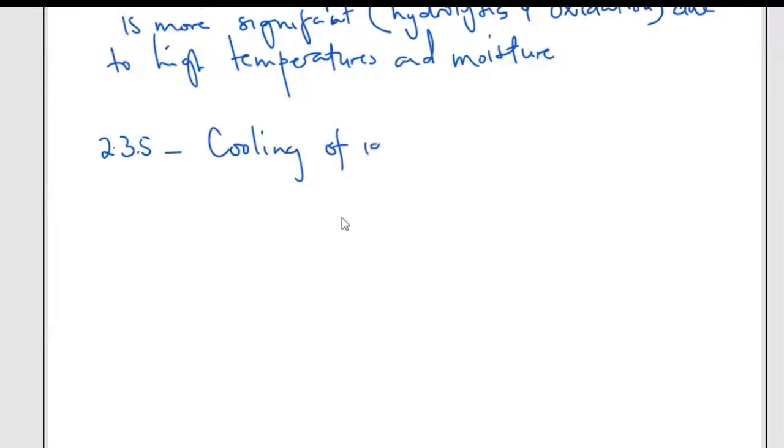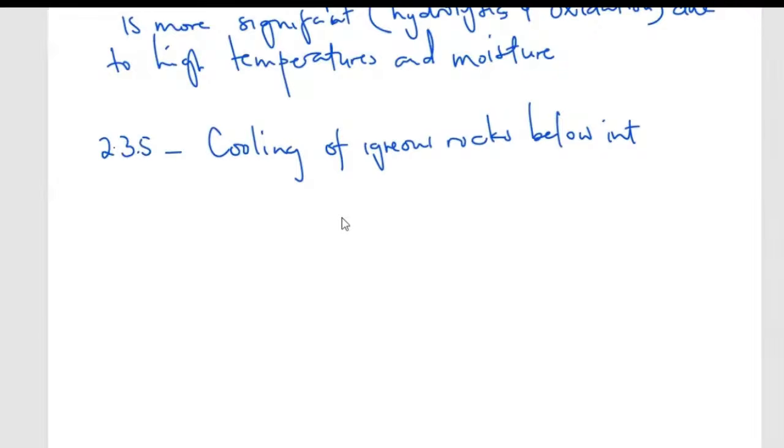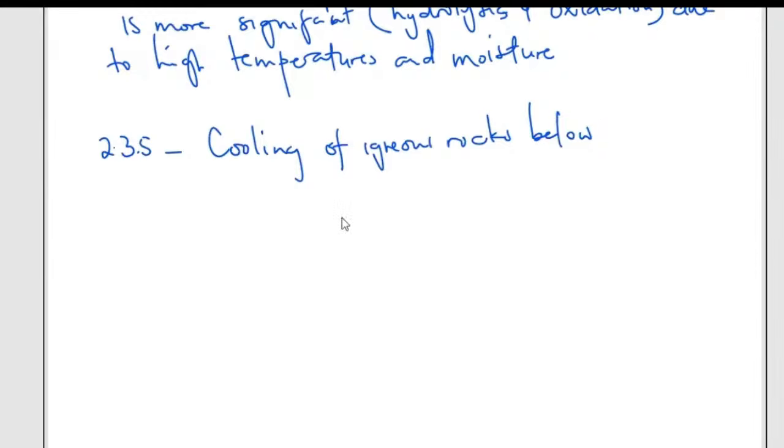So we have cooling of igneous rocks below the surface. We say it's an intrusive landform initially because it forms below the surface. The hot liquid rock does not escape out of the Earth's crust, but rather it cools and solidifies below the surface.